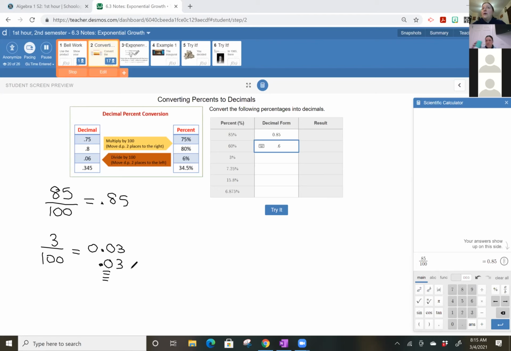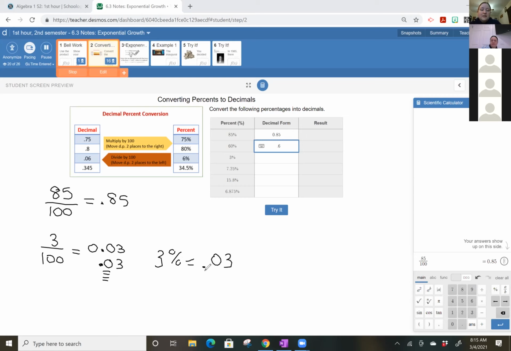So if you write 0.30, what is that as a percent? 30%.